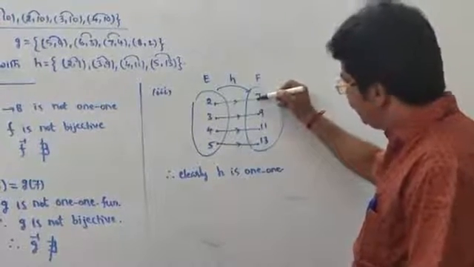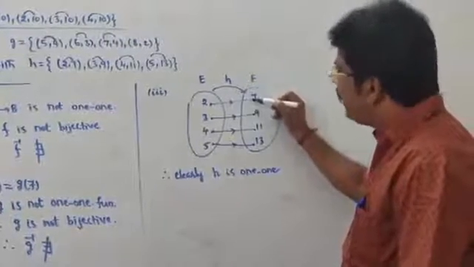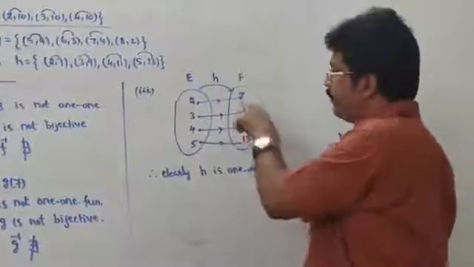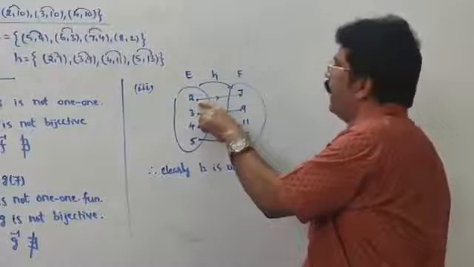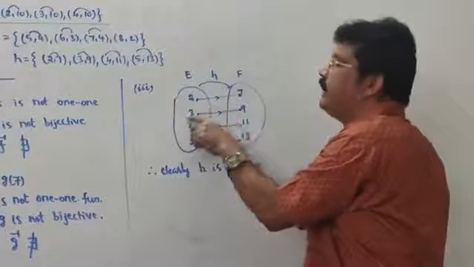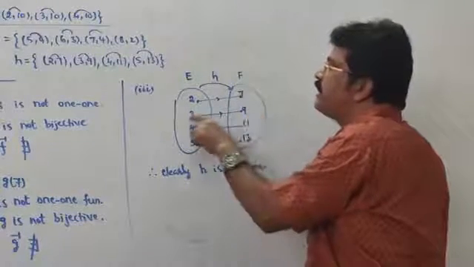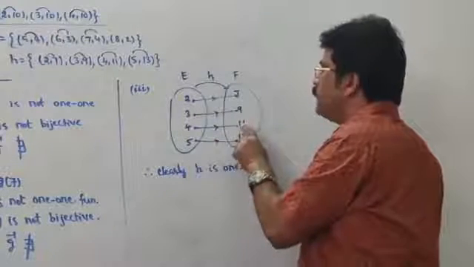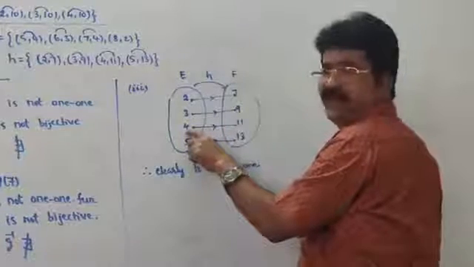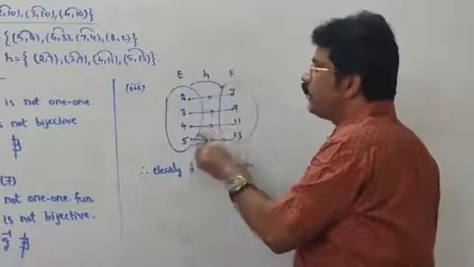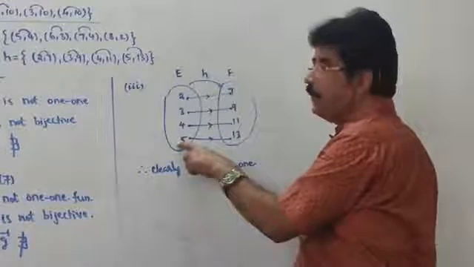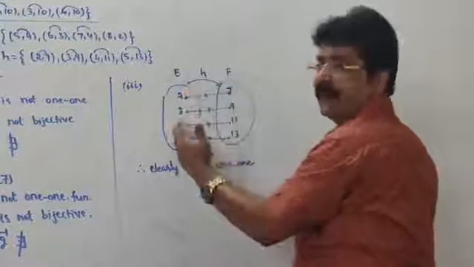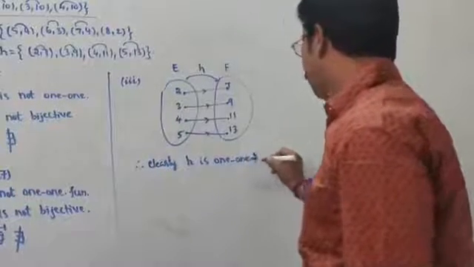Next, for the second set, 7 is an image, so it will have at least one pre-image in capital E. 9 is the image of 3, so it has a pre-image in capital E. 11 is the image of 4, and similarly the rest. Therefore every element has at least one pre-image in the first set, capital E. Therefore it is also an onto function.